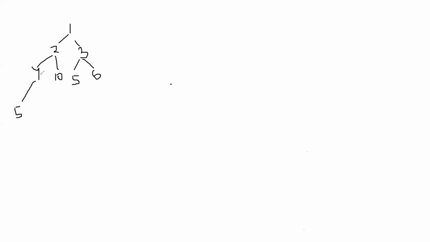So what the Morris Traversal algorithm says is: find the predecessor and link it back to the parent node. So for example, here, what I will do for 1, what is the predecessor in this, if I have to do in-order? So let's also write the in-order for that.